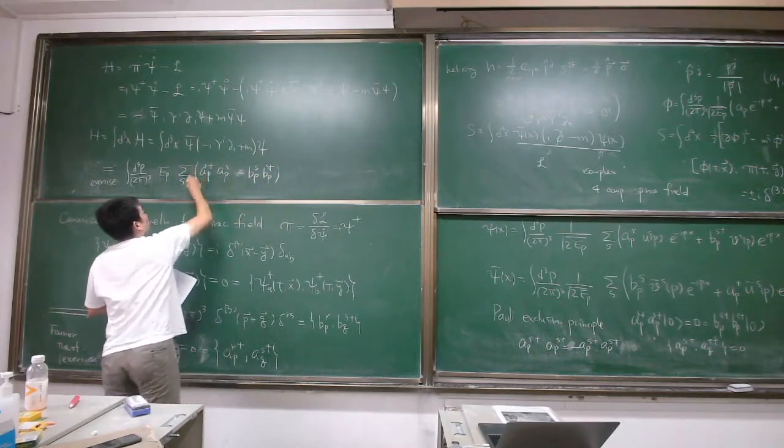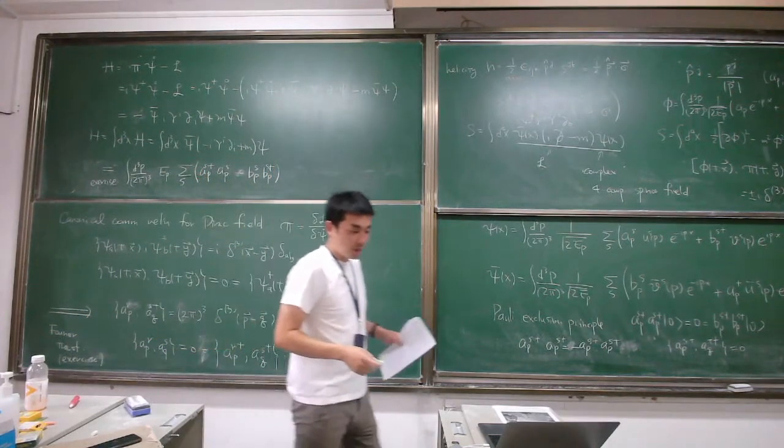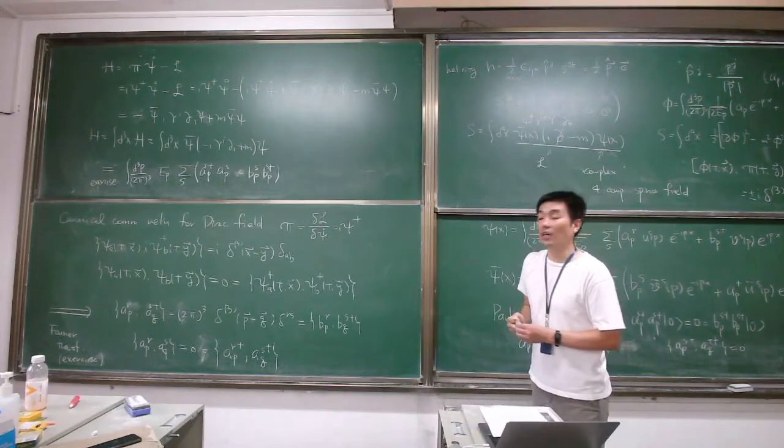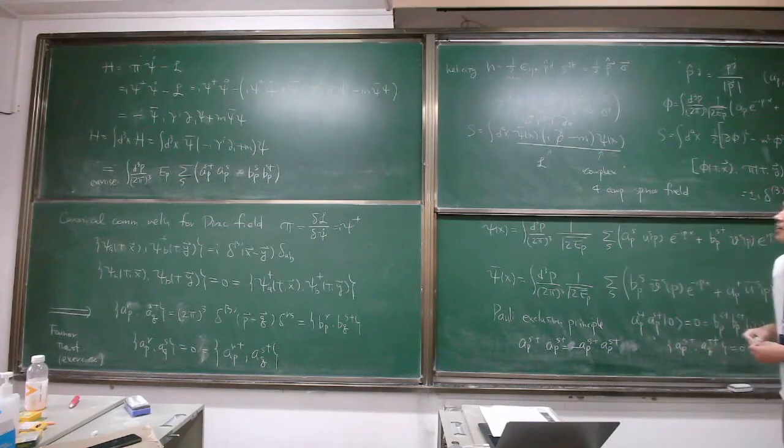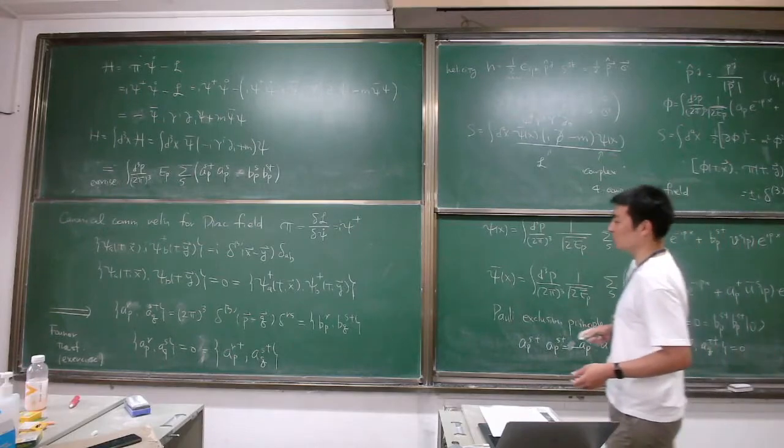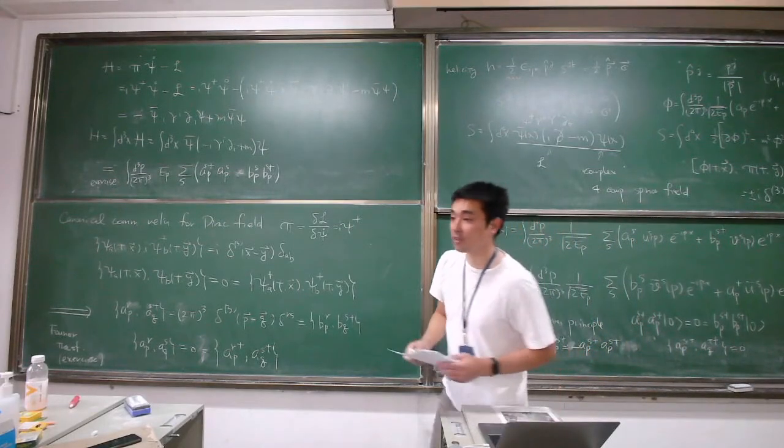That's what you get. This is a good exercise to do, but I'm not going to do it in this lecture. It's just a Fourier transformation and plugging it in.